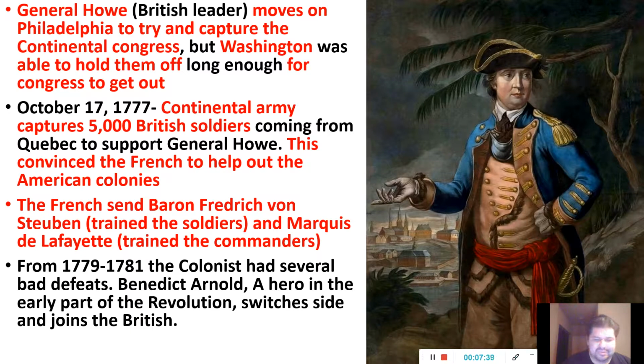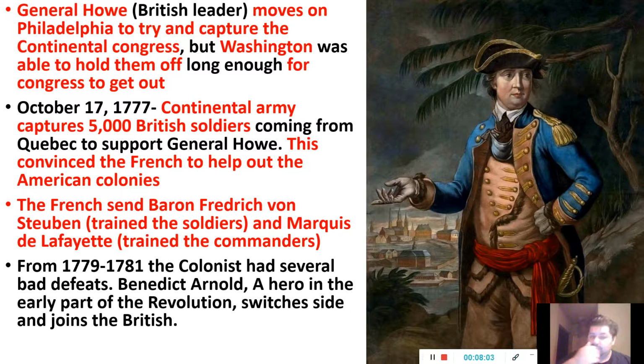October 17th, 1777, sorry. What happens is the British soldiers are needed. So they come from Canada, because again, Canada is owned by the British at this time. They come through, right? And there's this little corridor area where it's like mountains and hills, and there's an area where people can cross.